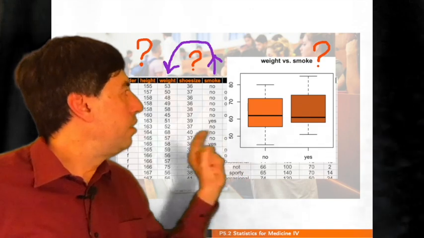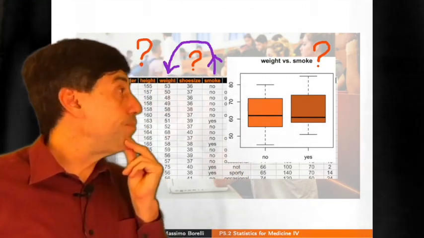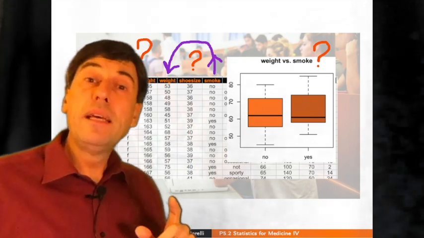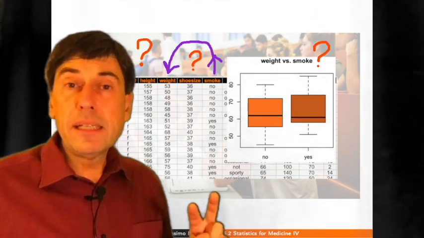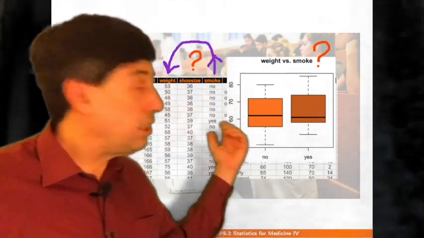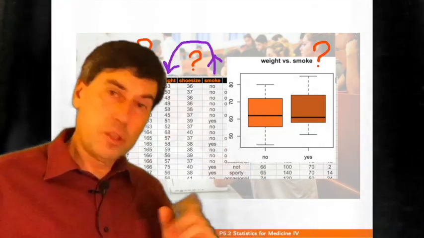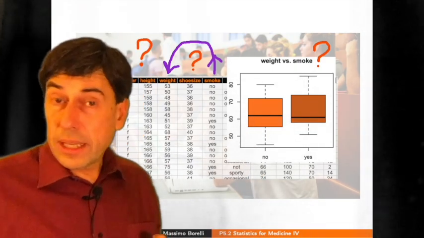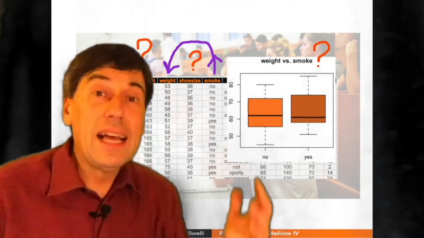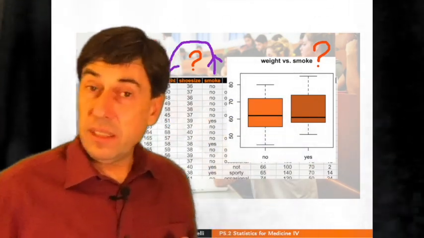Otherwise, have a look here at another box plot. We see the difference of the weight between the two categories of smokers and non-smokers. The orange on the left, non-smokers. The brown on the right, smokers. As you see, the box plots are more or less the same shape, the same position.